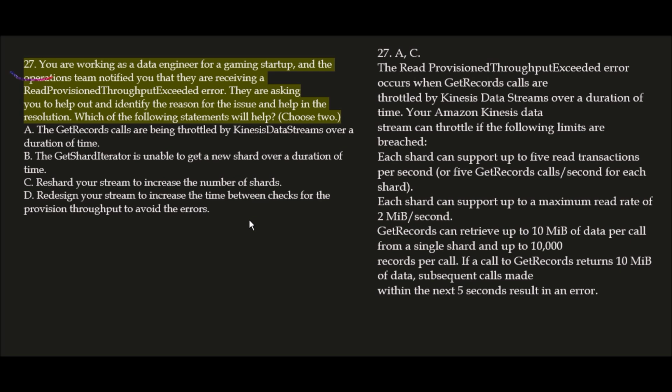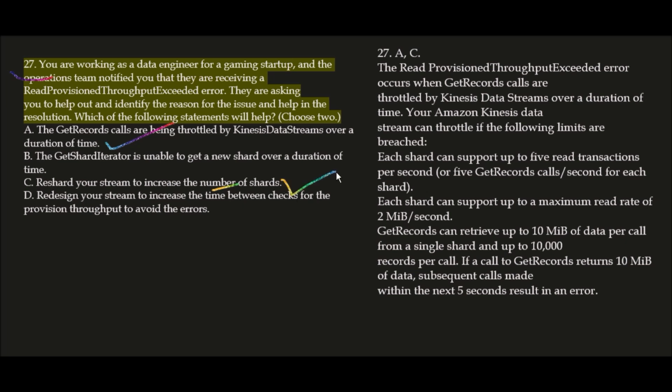Option A. The get records calls are being throttled by Kinesis data stream over a duration of time. Option B. The get shard iterator is unable to get a new shard over a duration of time. Option C. Reshard your stream to increase the number of shards. And option D is redesign your stream to increase the time between checks for the provisioned throughput to avoid the errors. Here, correct answer is option A and option C.